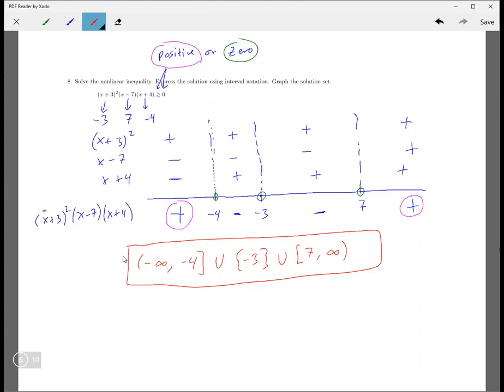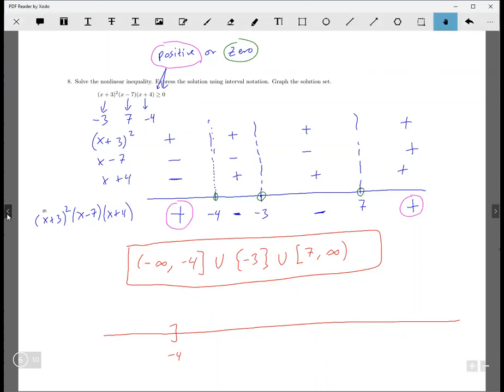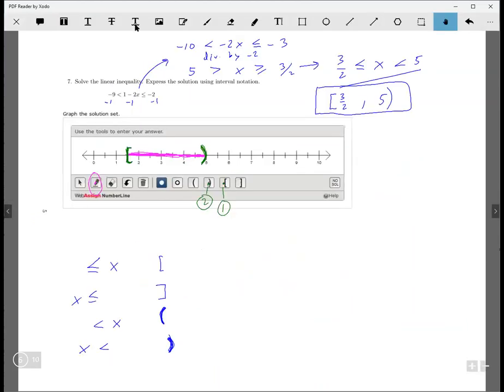And then the next part is to graph it. So at -4, you want to put the bracket. Actually, it's multiple choice, so just look at that. Another thing, let me go back to this previous problem.